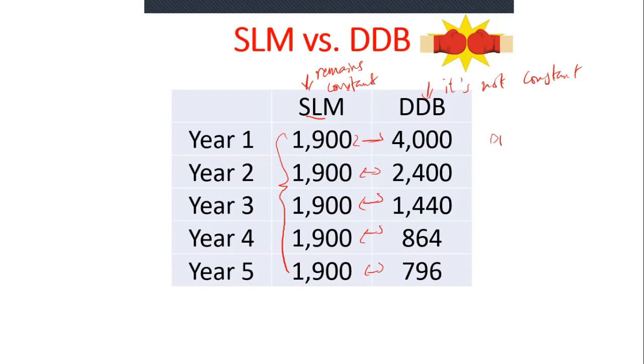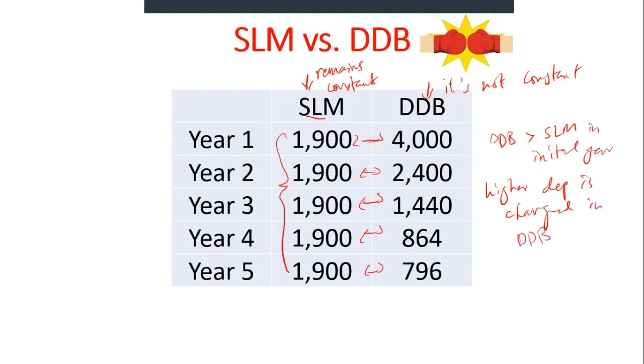So in DDB, the depreciation expense is greater than SLM in initial years. In other words, higher depreciation is charged in DDB when compared to SLM. So that is the key difference between double declining and straight line method.